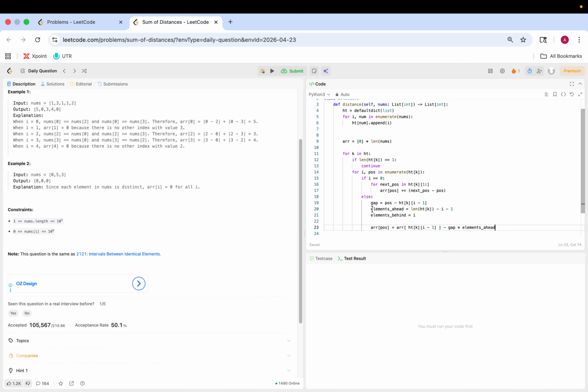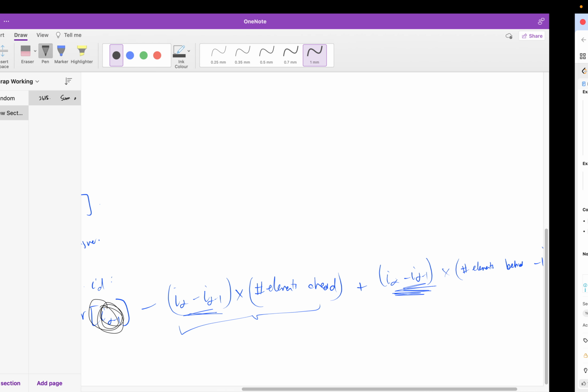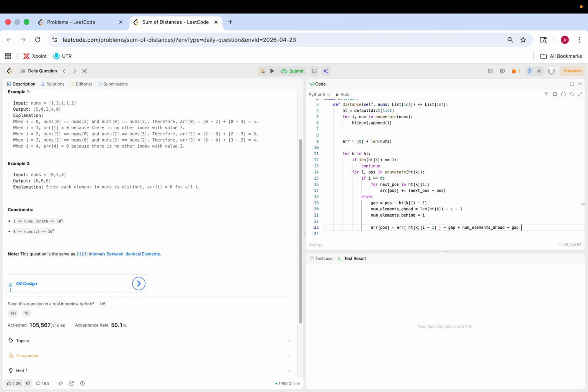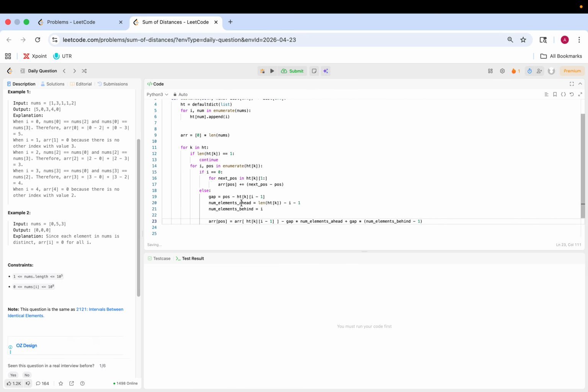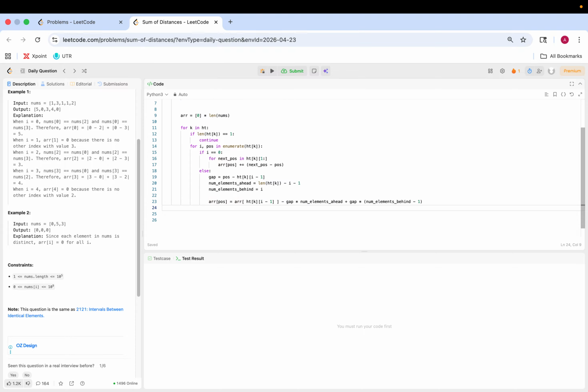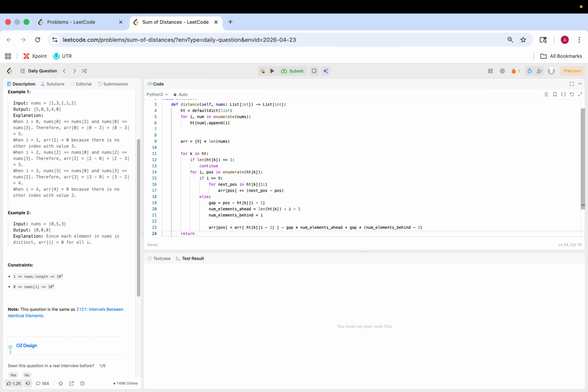Maybe num elements ahead is better. Plus the gap times the num elements behind minus 1. Oh no, the lines are getting too long. And then we simply return the array.